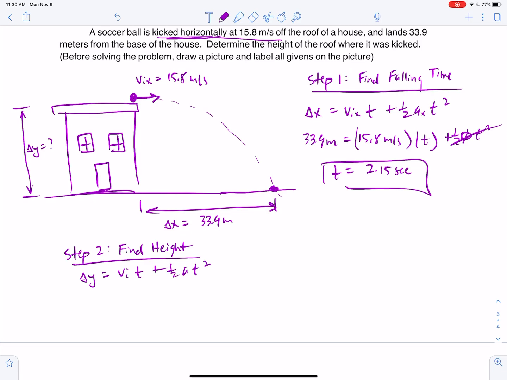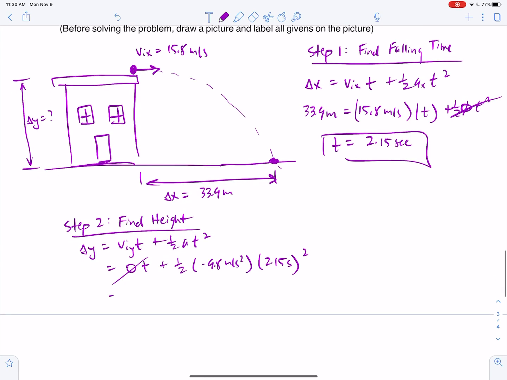Okay, it's going to fall a certain height. The initial vertical velocity is going to be 0 because the ball was only kicked horizontally. That goes away. Half of the vertical acceleration multiplied by the time, 2.15 seconds squared, right? Got that from here.